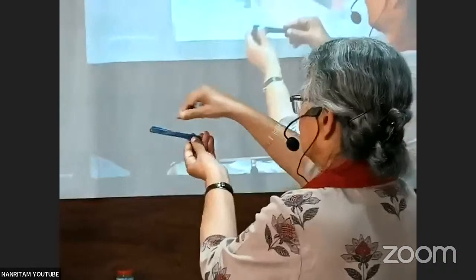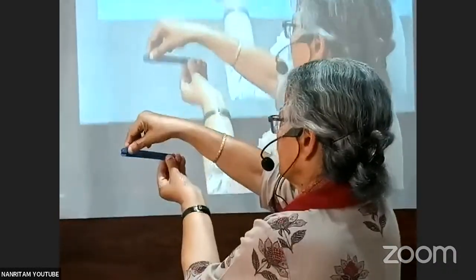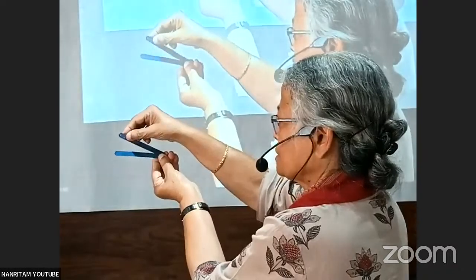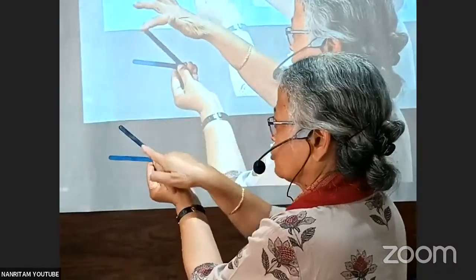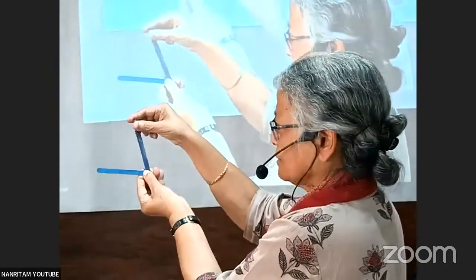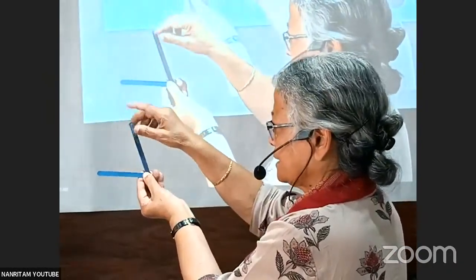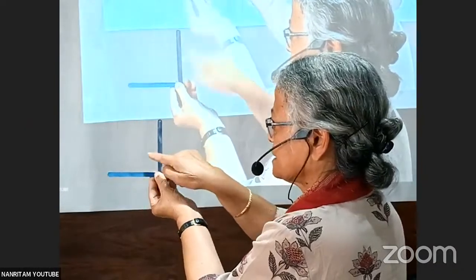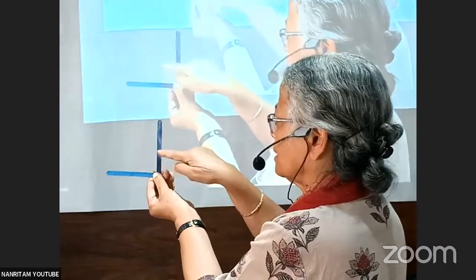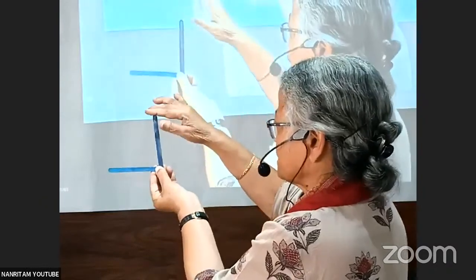Hold it on this side, from 0 angle to 90 degree angle. There are many angles between 0 and 90. So I have to show that you can do this. It is like a quarter of the box. That is the symbol for 90.